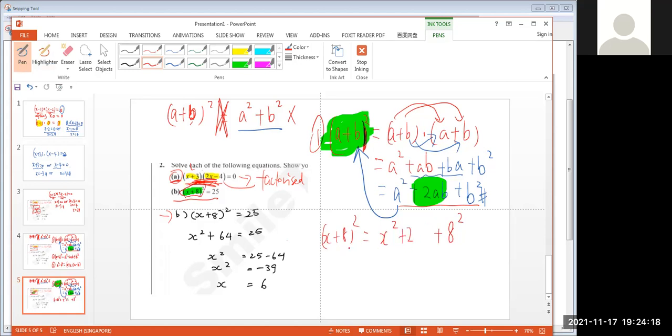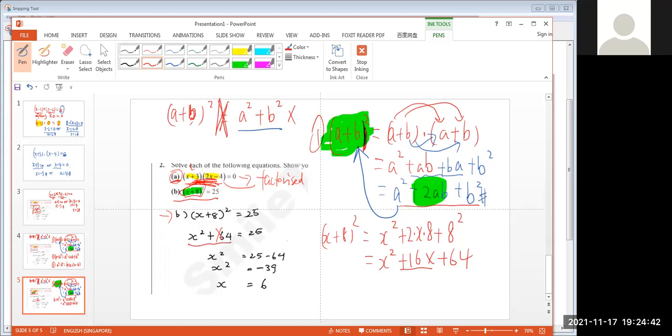My a is x in this case, my b is 8. So I'm using this formula, and if I simplify it further, I'm going to get this. So in fact, in your answer you have the plus 16x missing. That's why I say this is not right.